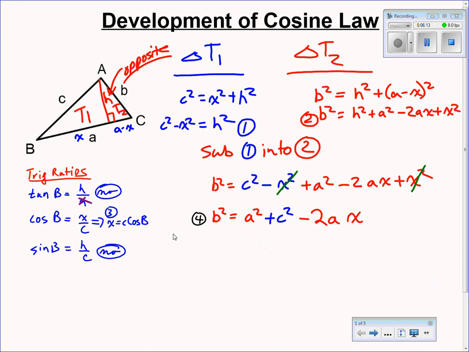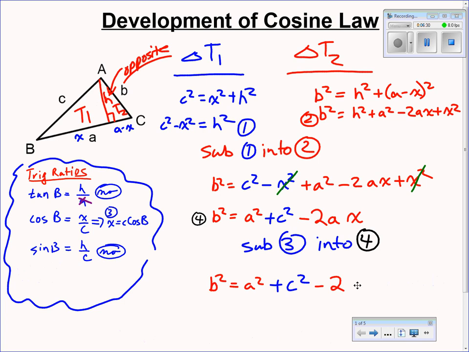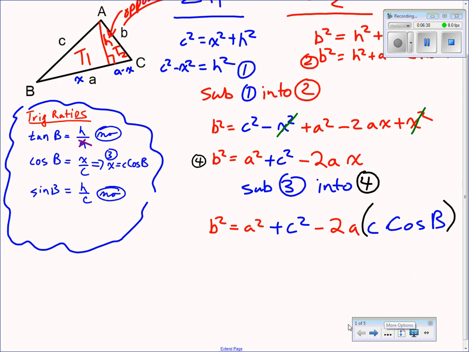So what we're going to do now is literally take that information and sub 3 into equation 4. Now, in doing so, you end up with this equation. B squared equals A squared plus C squared minus 2 times A times that quantity, C cos of B. Oh my.